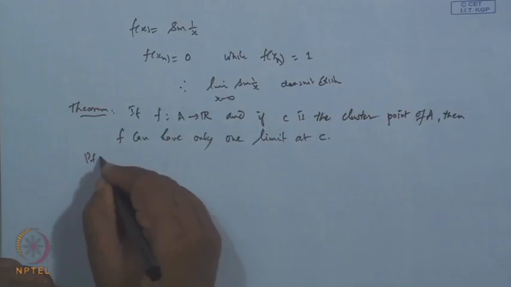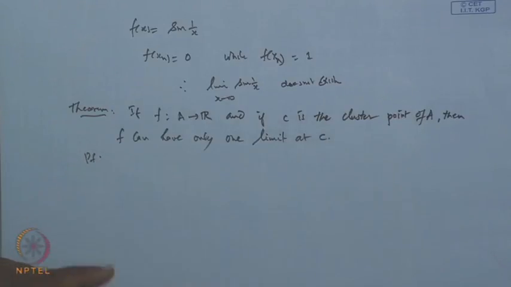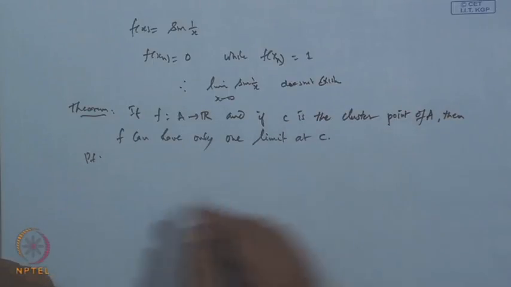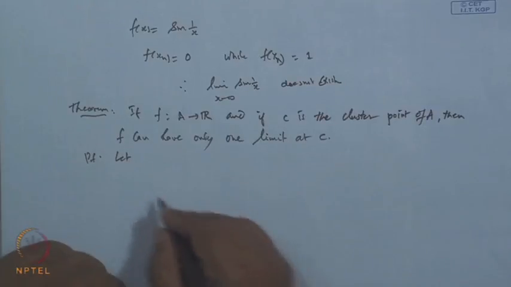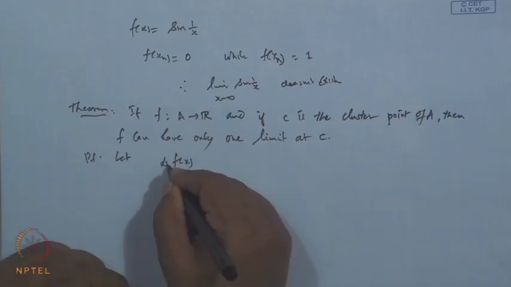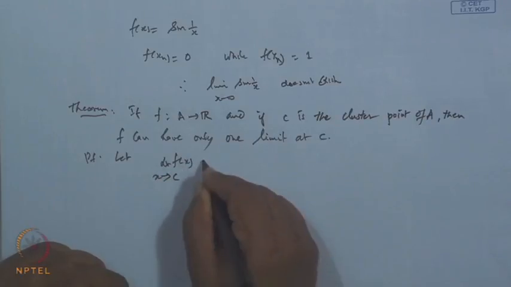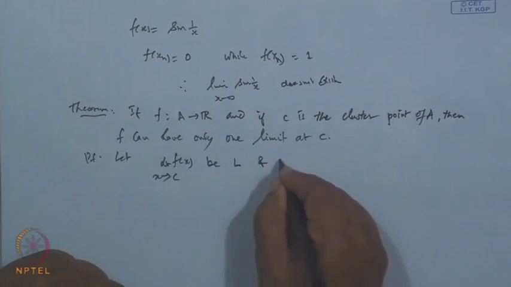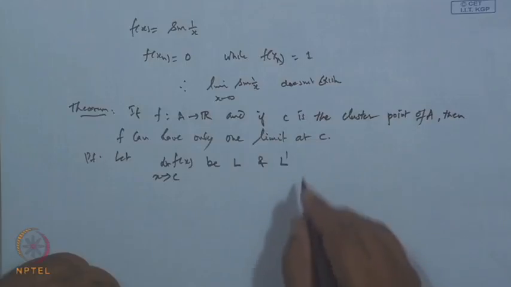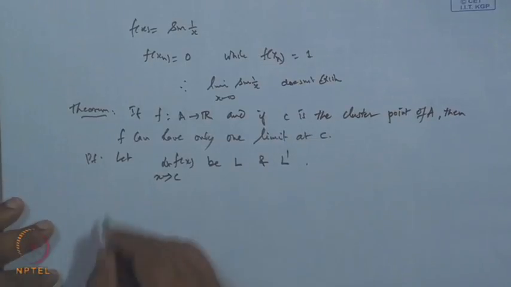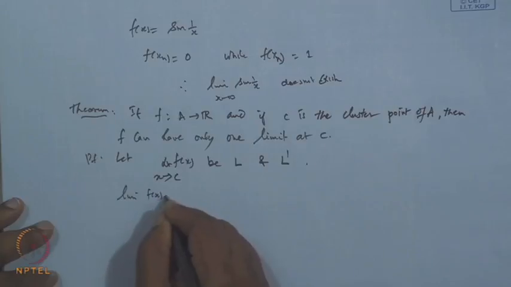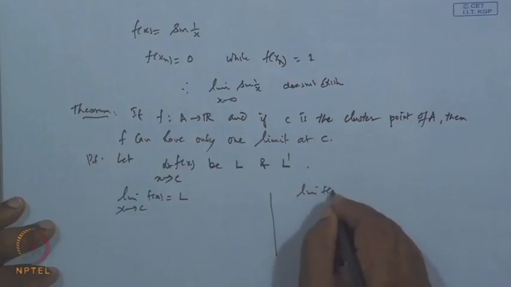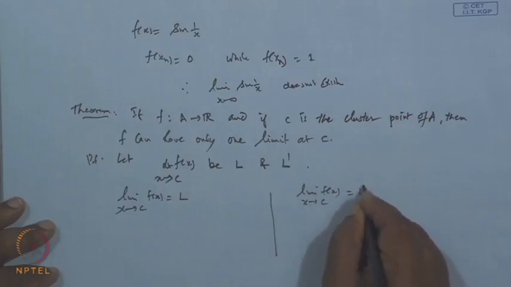We cannot have two limits. The proof, again, we will prove by contradiction. Suppose there are two limits. Then finally we will see that these two limits are not different, they are identical. So let the limit of f x when x tends to C be L, and suppose it is also L dash. So the limit of f x when x tends to C is L, and the limit of f x when x tends to C is also L dash.